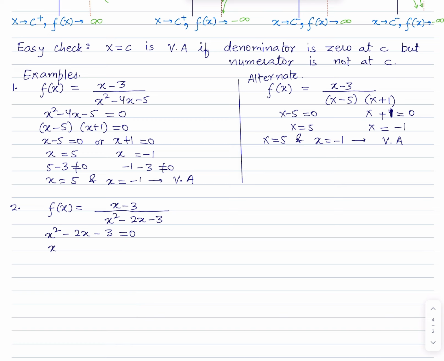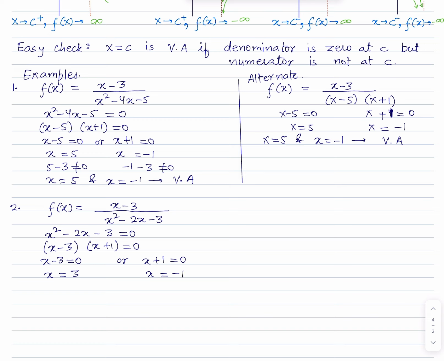So if I factorize, I will get (x minus 3) times (x plus 1), which means either x minus 3 is equal to 0 or x plus 1 is equal to 0, which gives us x equals 3 or x equals -1.